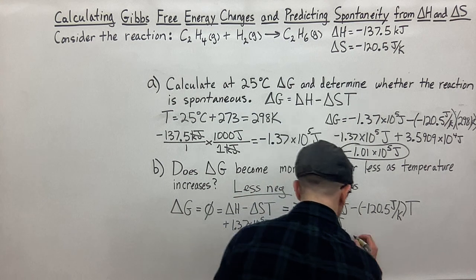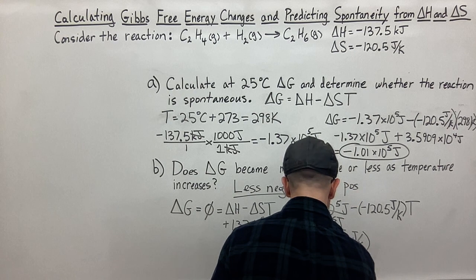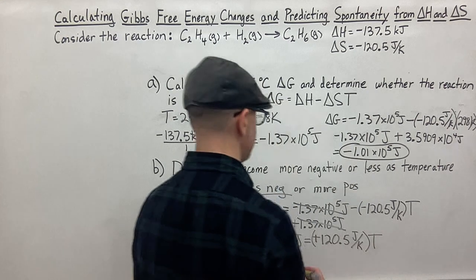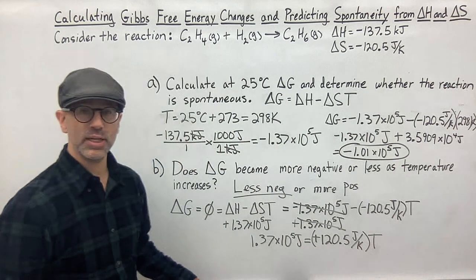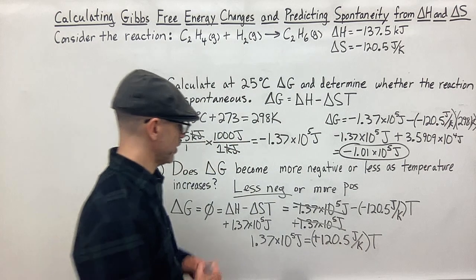120.5 joules per Kelvin. And that's going to be multiplied by the temperature. So now all we need to do is divide both sides by the positive 120.5 joules per Kelvin.